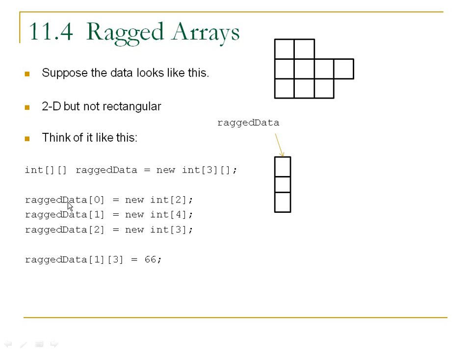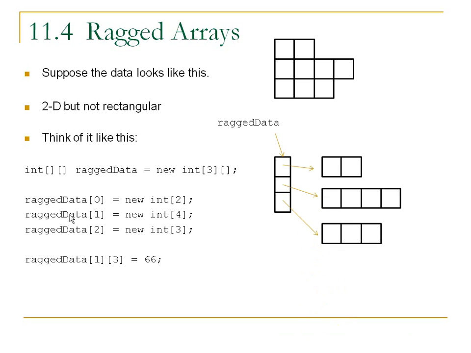Now ragged data sub 0, that's this cell right here, can be assigned a 1-dimensional array that has 2 elements. Ragged data sub 1 is a 1-dimensional array of 4 elements, and this one is 3 elements. So the picture that we started out with is here.